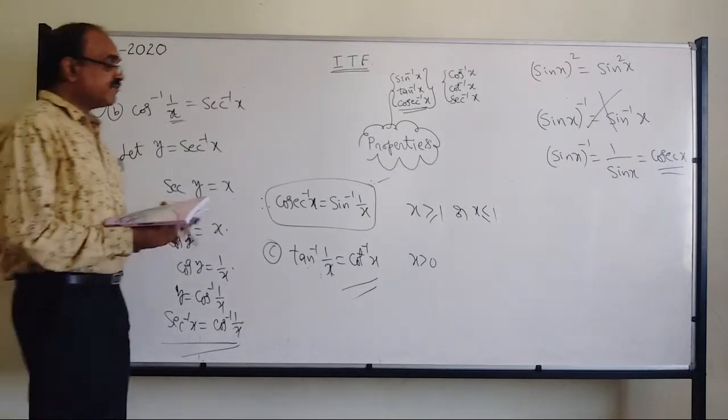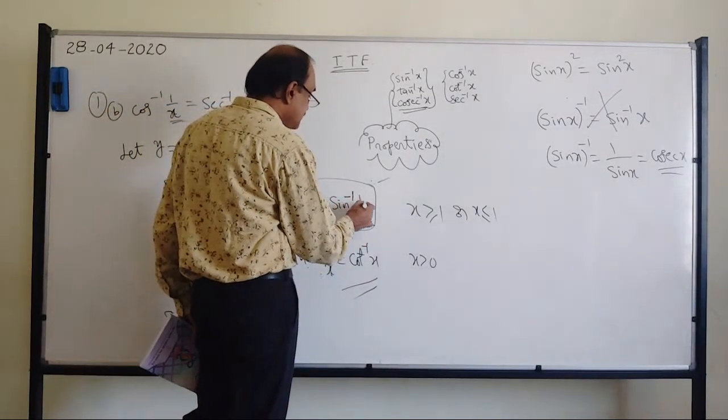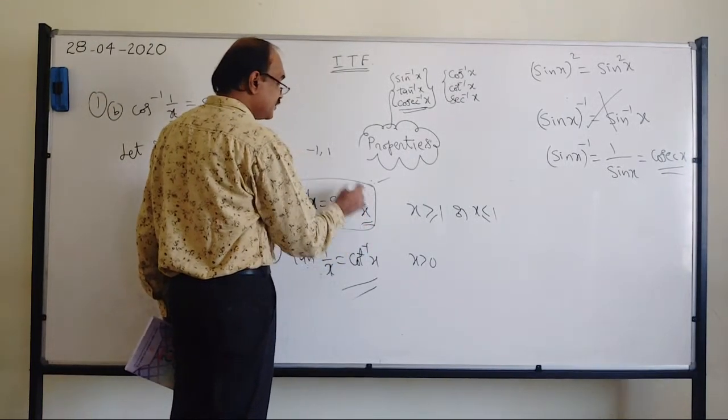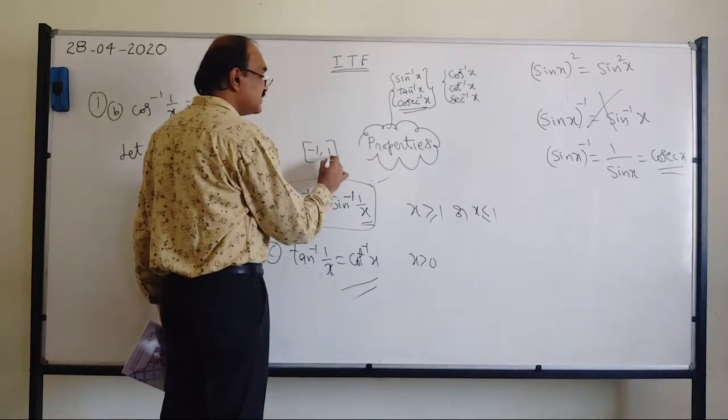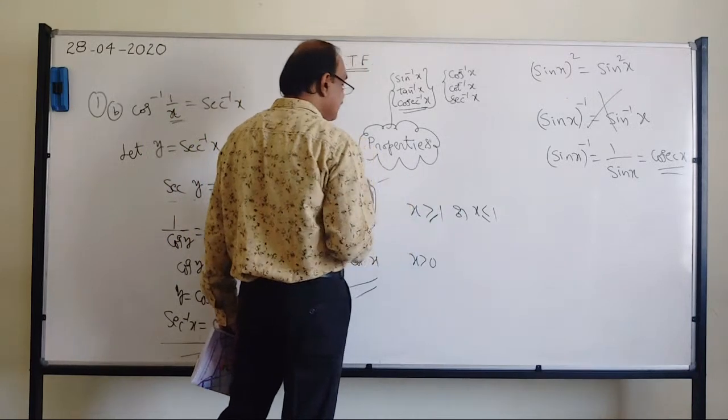If you want to understand why, let me explain this one. You know that for sine inverse, the input should be minus 1 to plus 1, right? Suppose I have a value which is less than 1 and greater than 0.